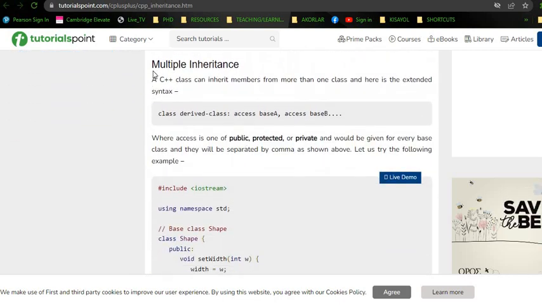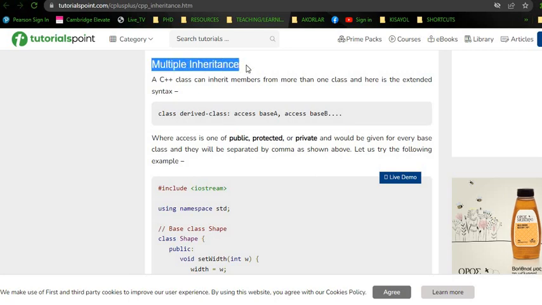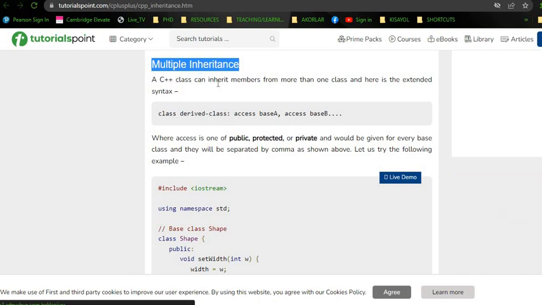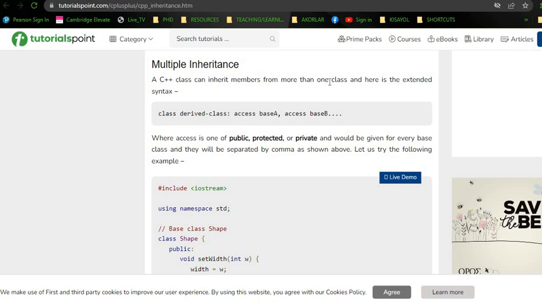Okay. Let's continue to multiple inheritance. A C++ class can inherit members from more than one class, and here is the extended syntax. Let's say our derived class is this.